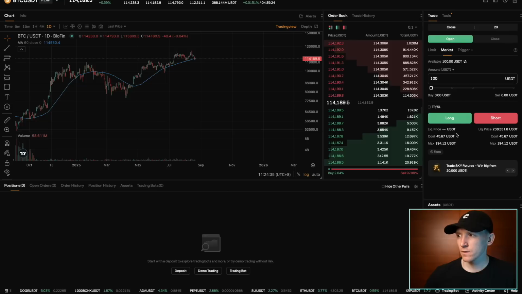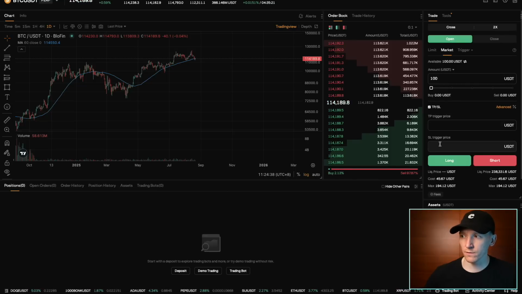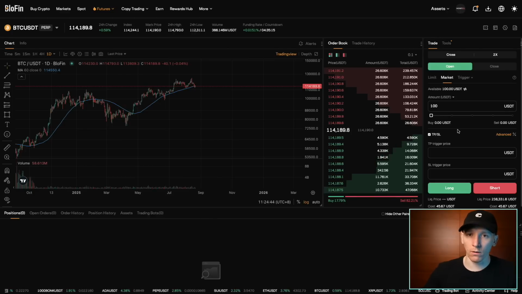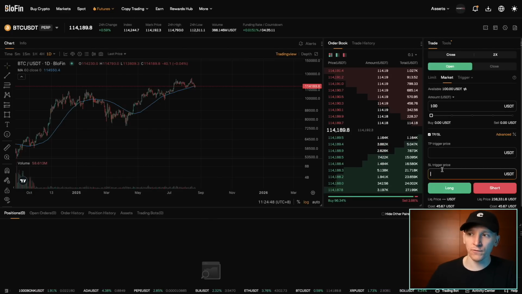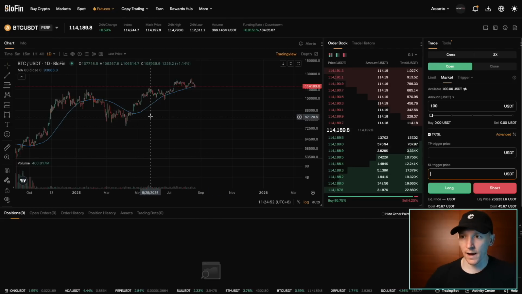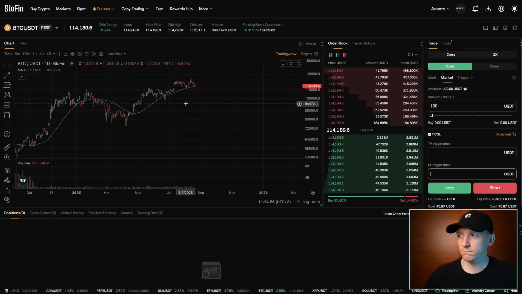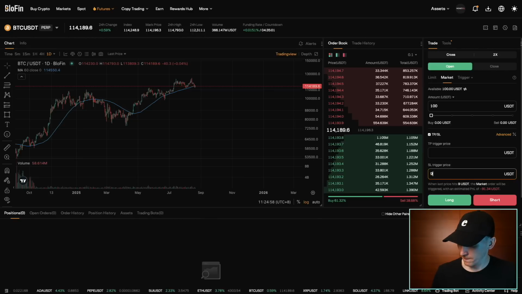Down here, you can also set a take profit and stop loss at the exact same time that you're opening your position. A stop loss means that if you're long, meaning you're buying, a stop loss would be selling out of your position at a specific price level. Technical analysis is up to you, but let's say that we want to potentially take a loss at 94,000.